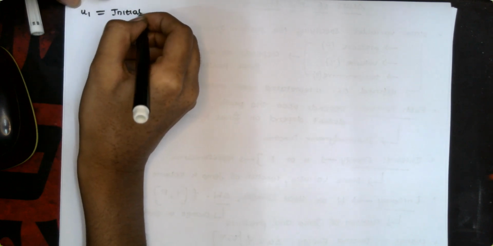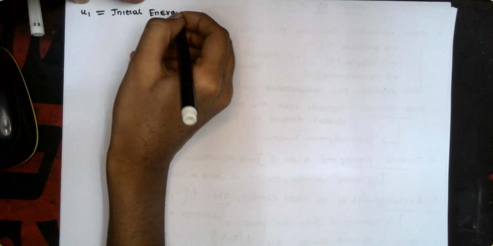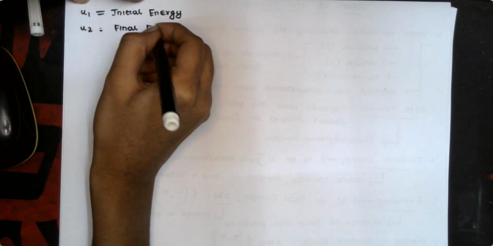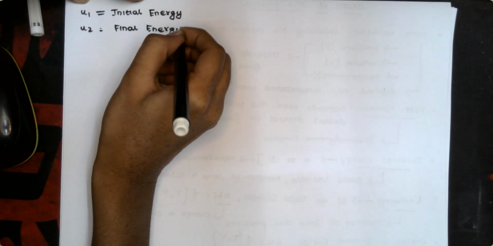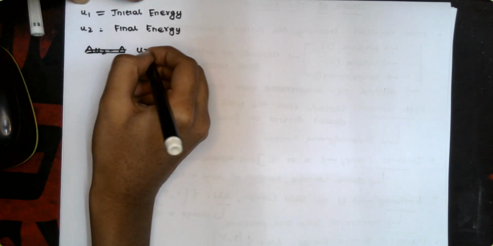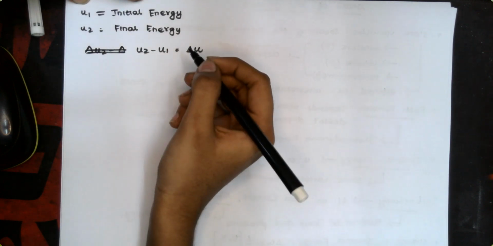So U1 represents the internal energy at initial state. U2 represents the internal energy at final state. So delta U means U2 minus U1, that is final minus initial. You can put UF minus UI also, otherwise U2 minus U1. Is it clear? Or some people represent by UB minus UA. So these are all different representations.